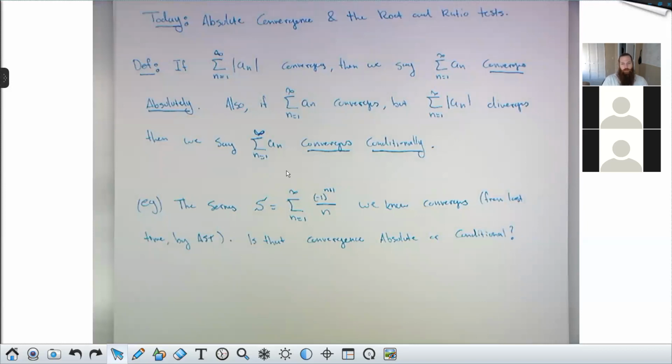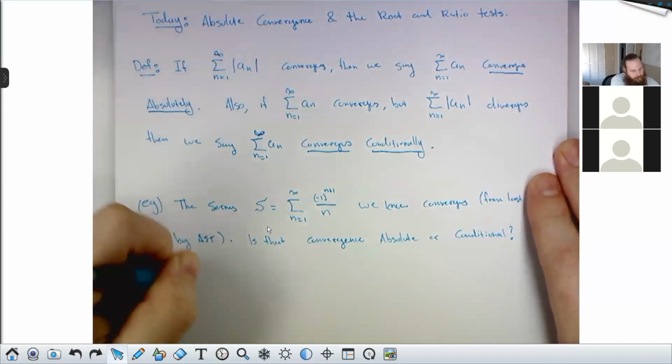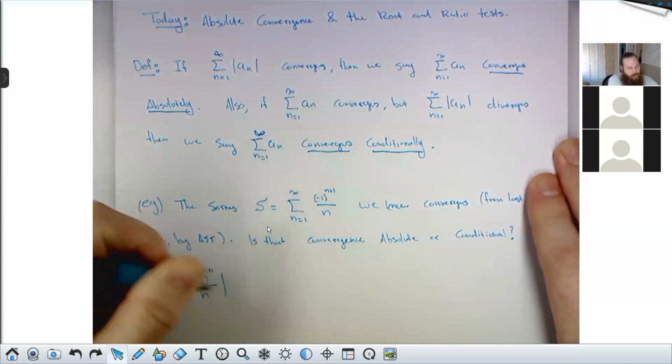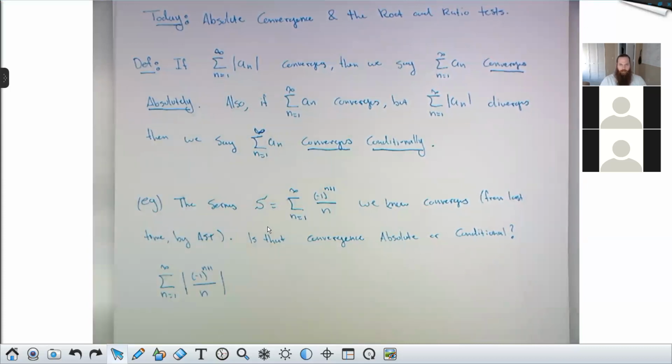To answer the absolute convergence question, is the convergence absolute or conditional? We don't play around with the original series, we play around with the absolute value series. We take absolute values inside the series and we ask, is this series convergent or divergent? We know that the original series is convergent.